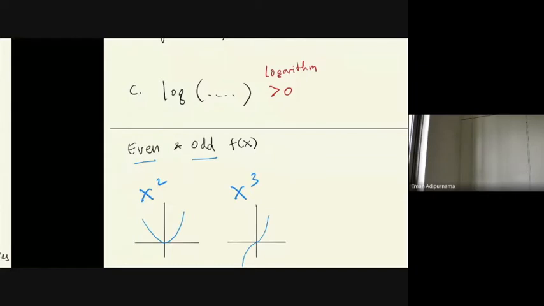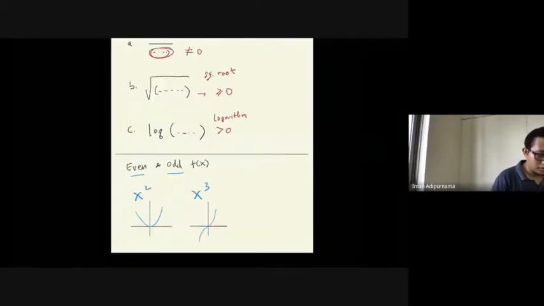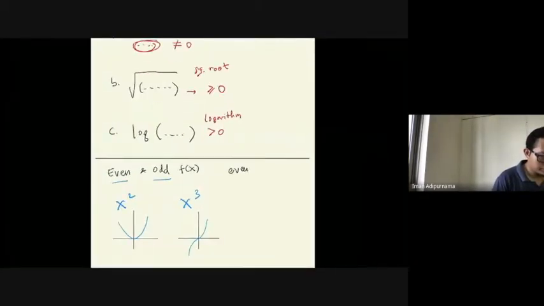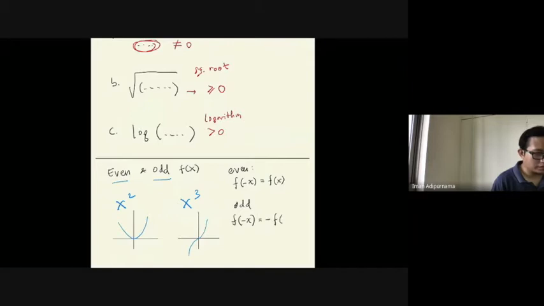If you cube -1, it will be -1; -2 will be -8. But here, all will be positive. So I think that gives you some idea: for even, if you plug in negative x, it's still the same f(x). For odd, if you plug in negative x, you get negative f(x).